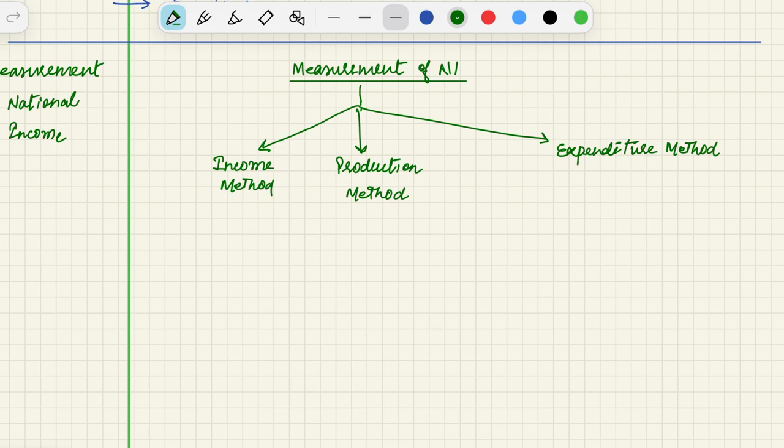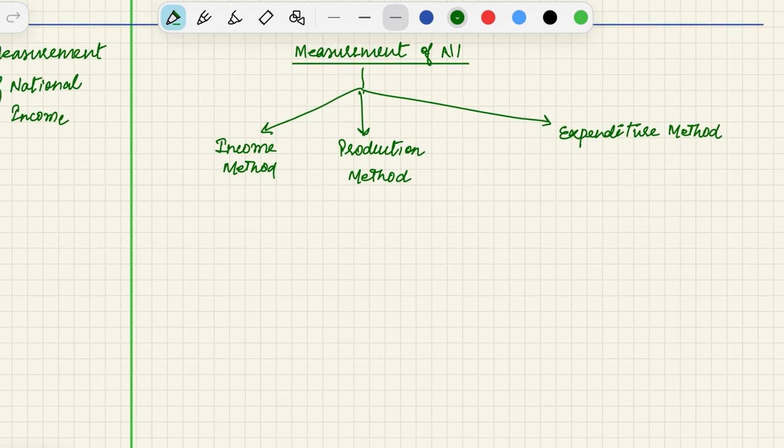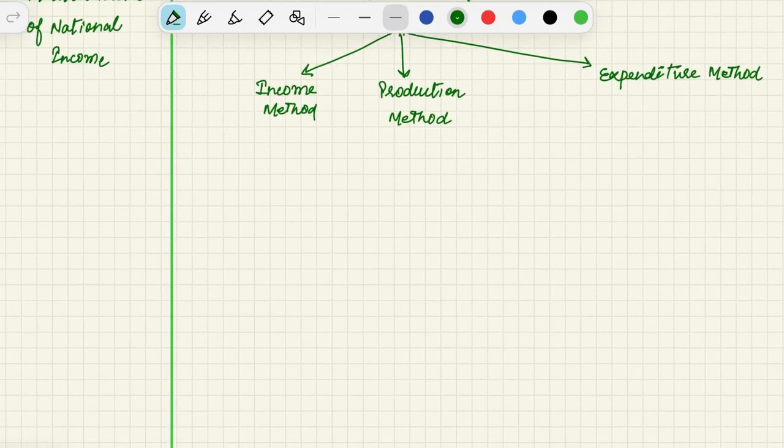But before measuring this national income, there is a concept that is related to national income, that is called the circular flow of national income.